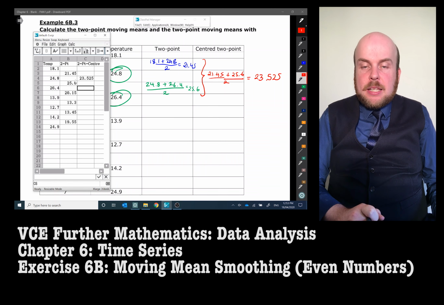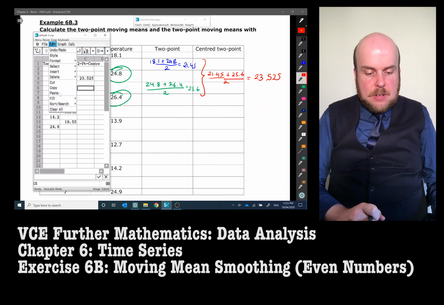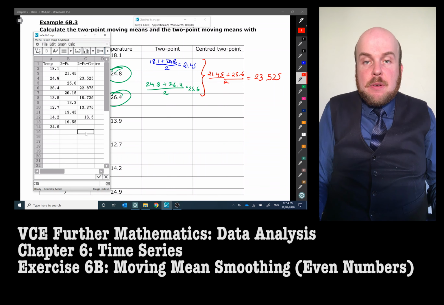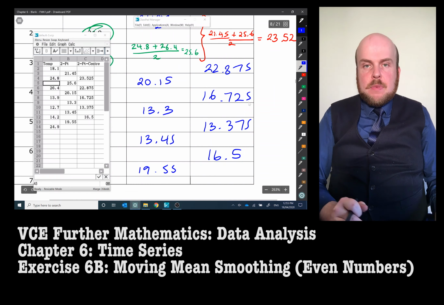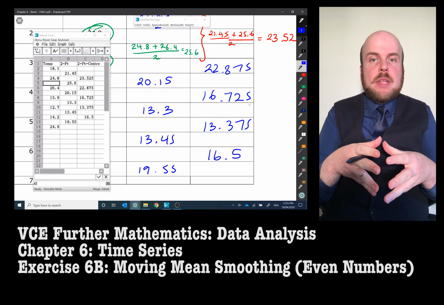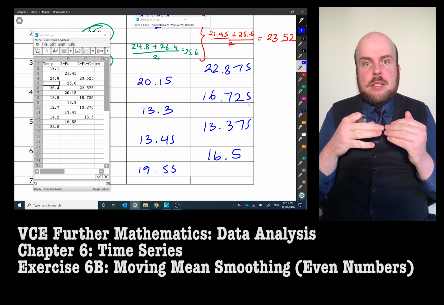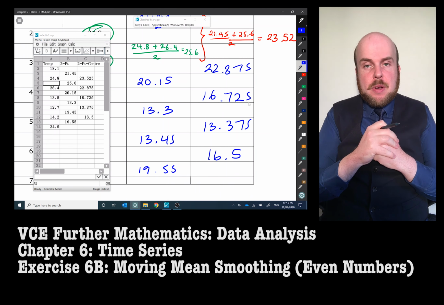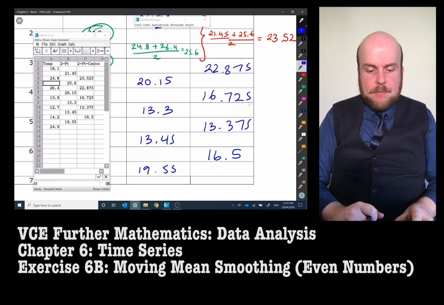So it automatically will go and find the center with those. So I'm going to paste. So now we've done the 2-point centers as well. So what's the purpose of doing this? Well, remember the whole point is that we're trying to smooth, to get rid of all the fluctuations and see if there's any pattern.